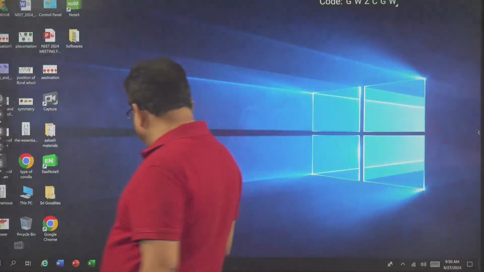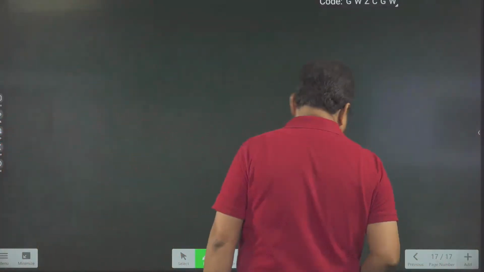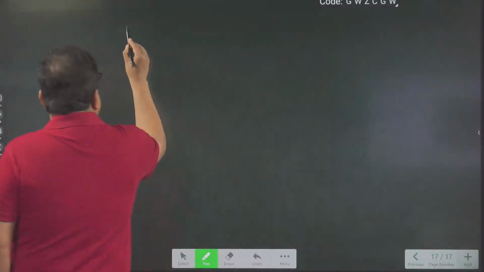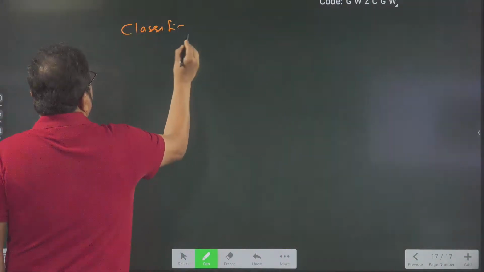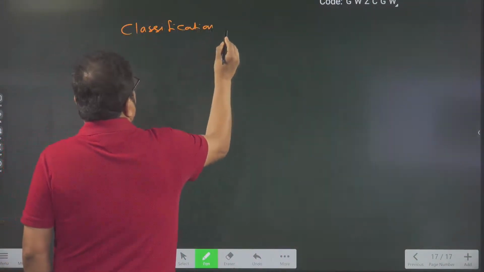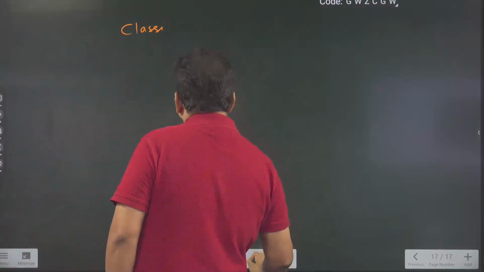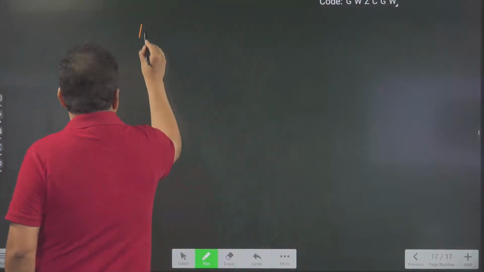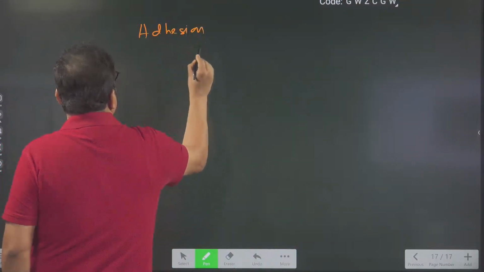Now we are going to discuss classification of stamen. First we are going to talk about adhesion. Cohesion we have seen, na? Now we are going to talk about adhesion.